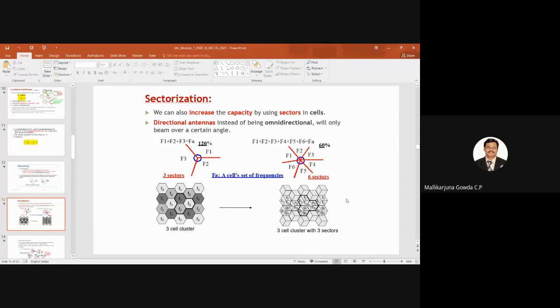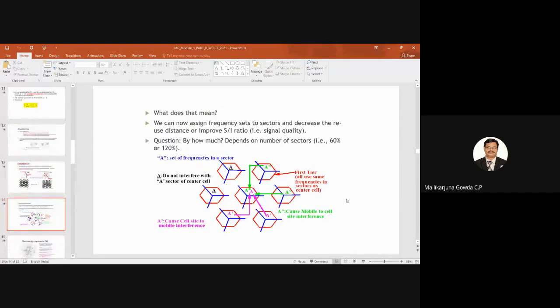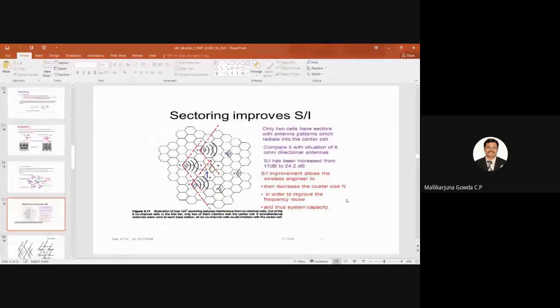This is just to get an idea how sectoring can improve the signal to interference ratio as well as the system capacity. To give you better clarity compared to this picture, let me show this. How can sectoring improve the signal to interference ratio?